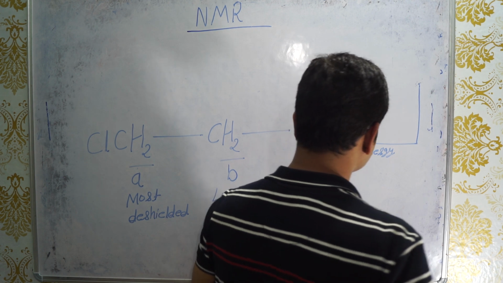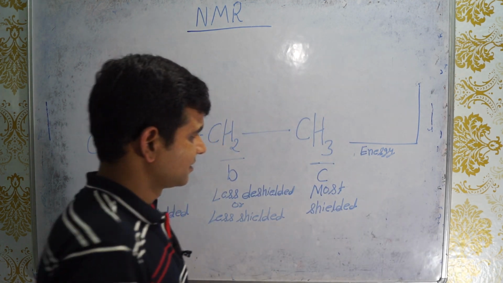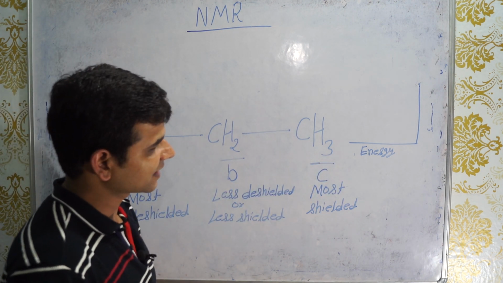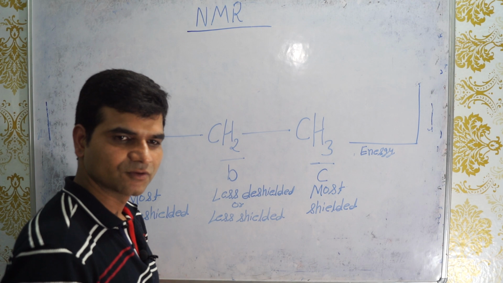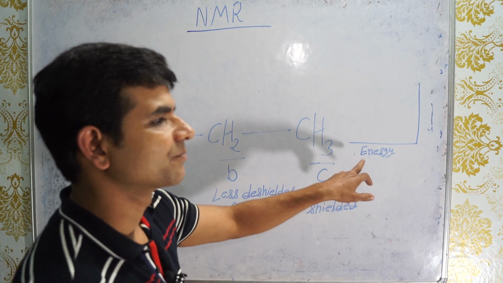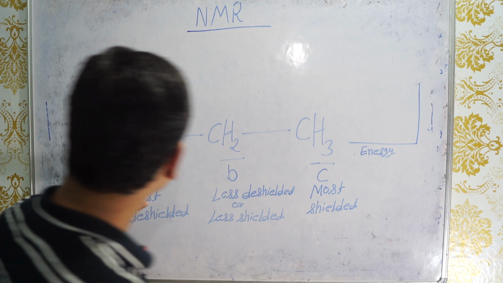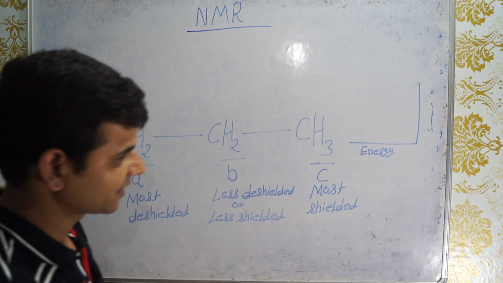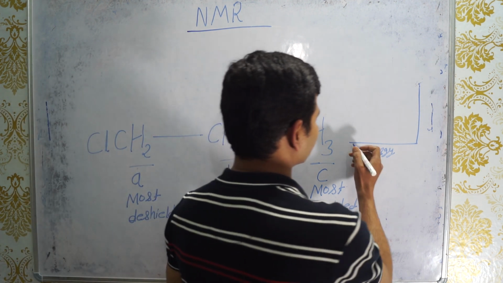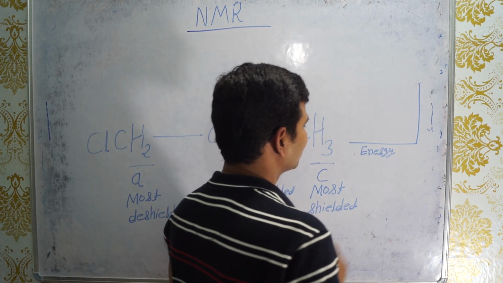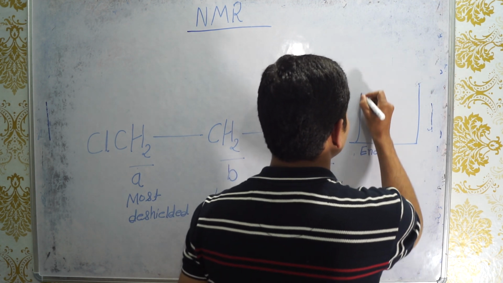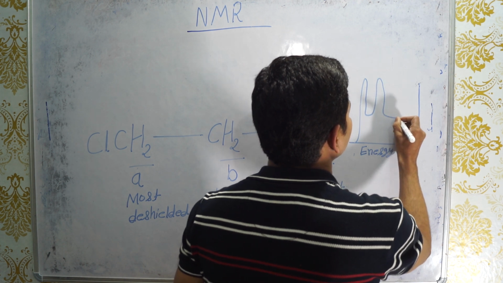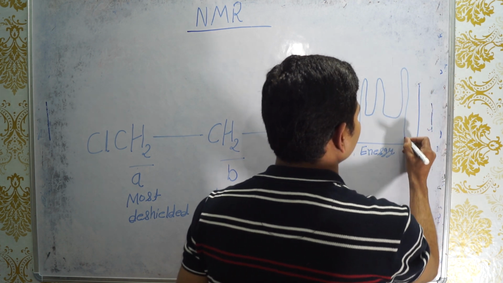This graph will generate peaks. There are 3 types of hydrogen atoms in 1-chloropropane. Therefore, the graph of the NMR machine will generate 3 peaks like this.